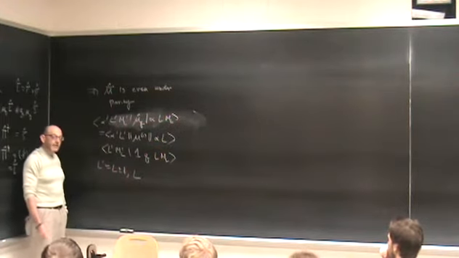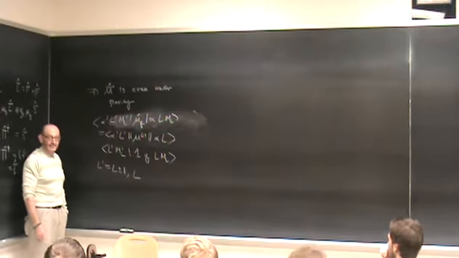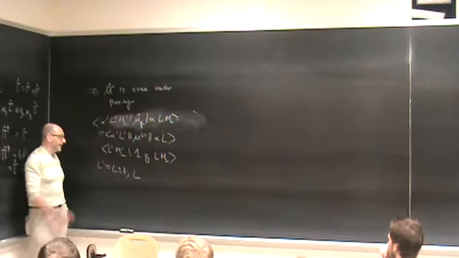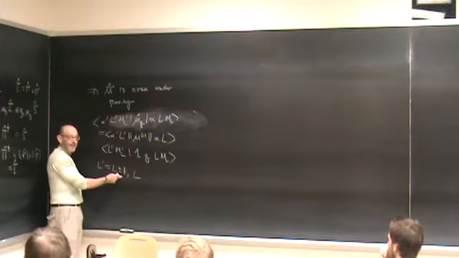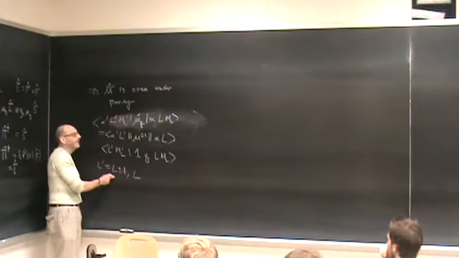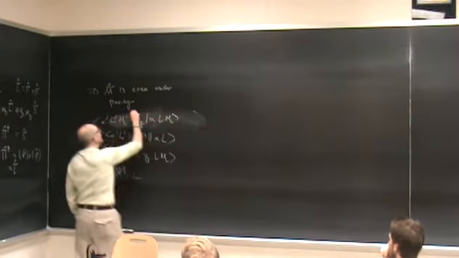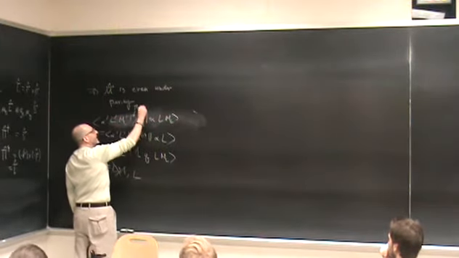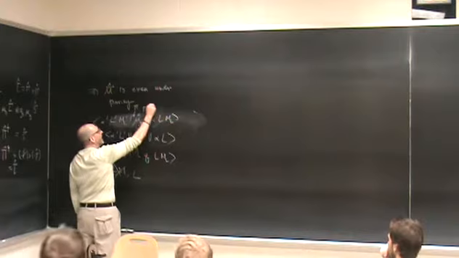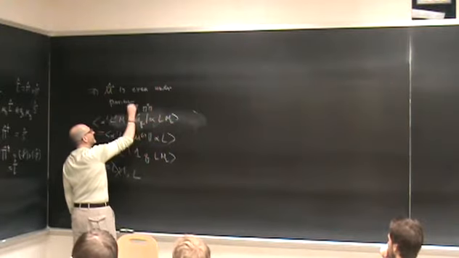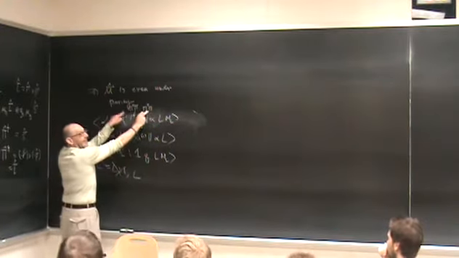Right? But parity tells me I can't change these. The L's have to be the same. The L's must be the same by parity. Because if I stick in here a pi dagger pi, right?